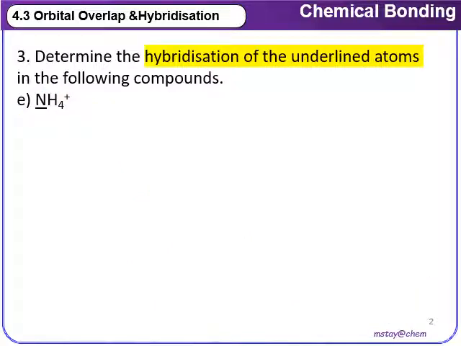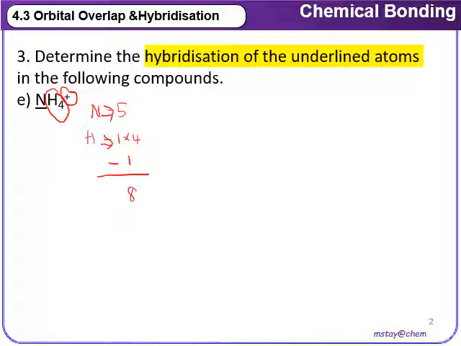E. Nitrogen has 5 valence electrons. Hydrogen has 1 times 4, so 4. Positive charge means that the compound is going to lose 1 electron, so the total is going to be 8 electrons. Then here we have 4 terminal atoms, and this time the terminal atom is hydrogen.